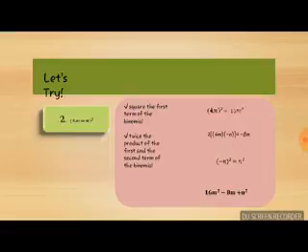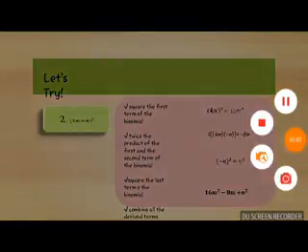Times 2, it will become negative 8mn. Square the last term of the binomial. Negative n squared is equal to positive n squared. Combine all the derived terms. So it will become 16m squared minus 8mn plus n squared.